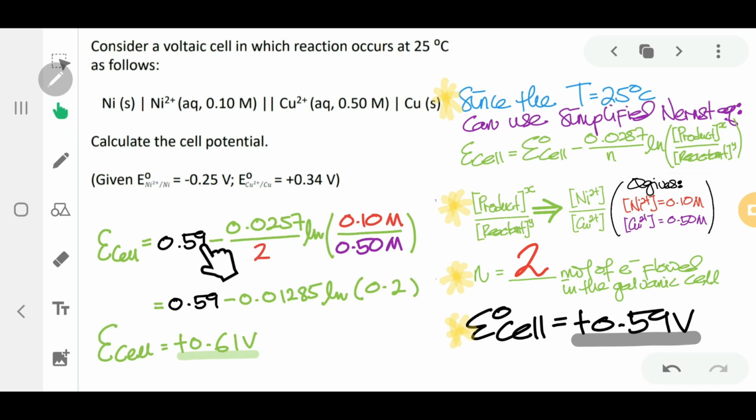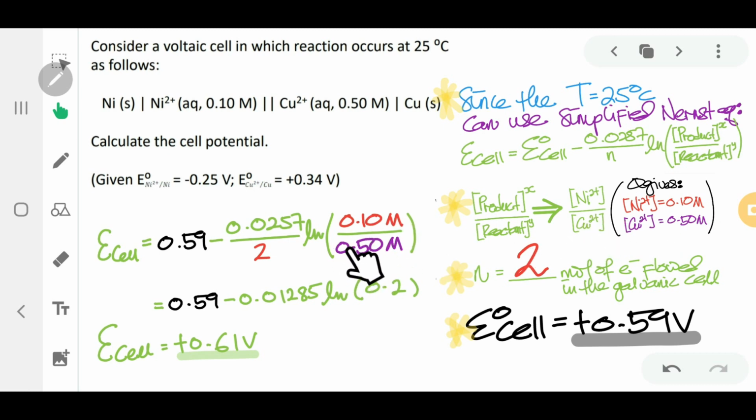So you're going to put all the values inside. In here, you have the E0 cell, so that is the value of E0 cell, which I have written down over there. And for the value of n, you have n equals 2, so you put 2. And the quotient is this. Replace that with this, and substitute the values inside. So you get this.